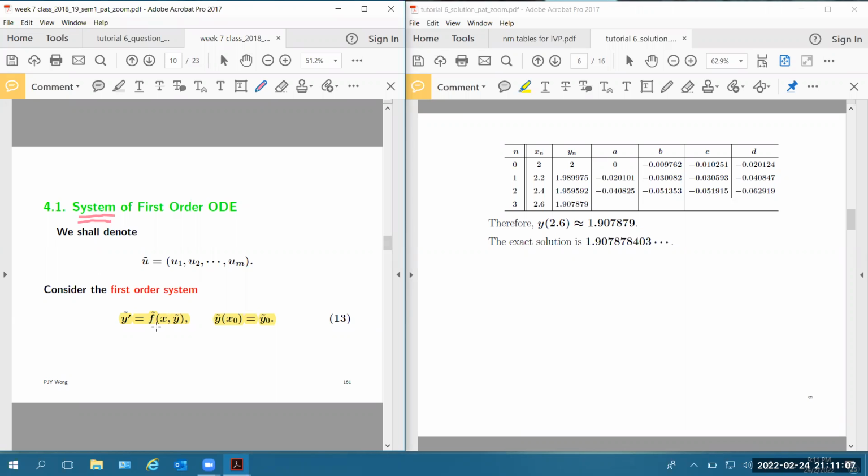This is our first order system. It looks like before, with y prime equal to a function of x and y, and y(x0) is y0. But there's something else: other than x and x0, the other things all have a tilde on top.